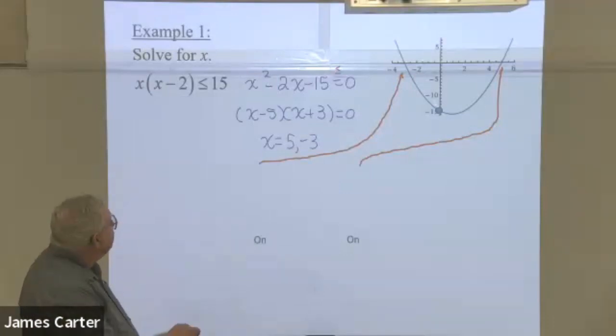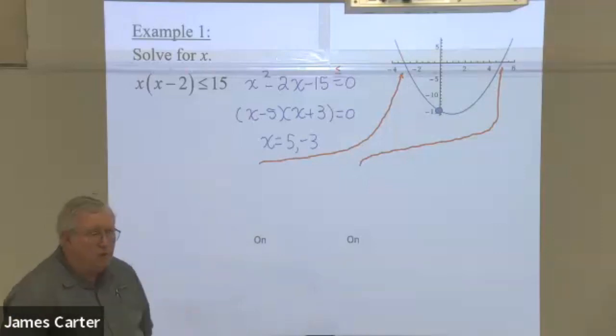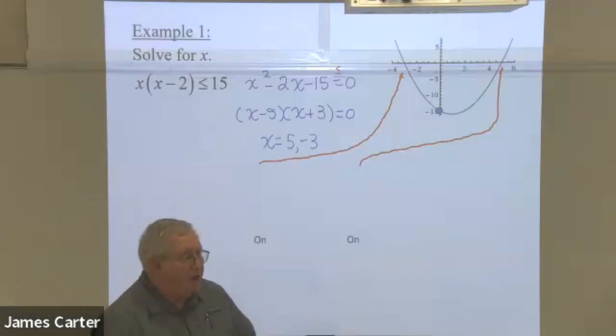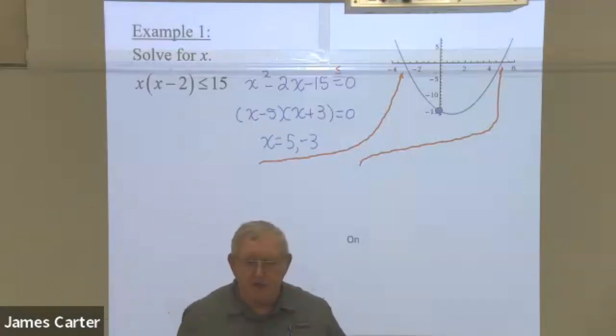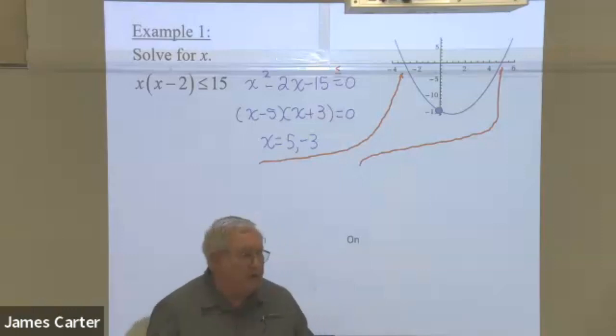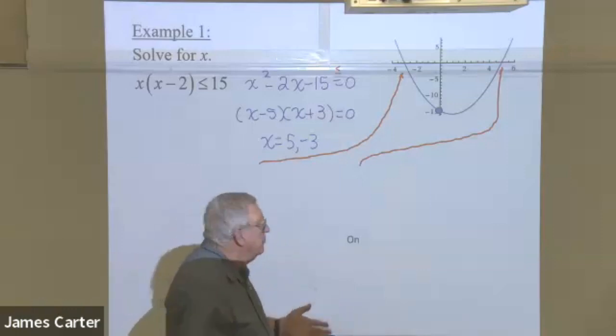So we're able to graph this thing. Now the question is, if we put this less than or equal back in here, what part of that graph is included and what part of that graph is excluded? Is what we're really asking in this question. What are we including? What are we excluding?